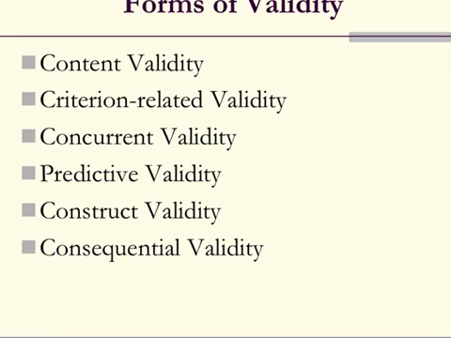You have construct validity, which refers to whether a scale measures or correlates with the theorized psychological or scientific construct that it's supposed to measure. And you have consequential validity, which refers to the intended or unintended consequences of a test, its interpretation, and its use.